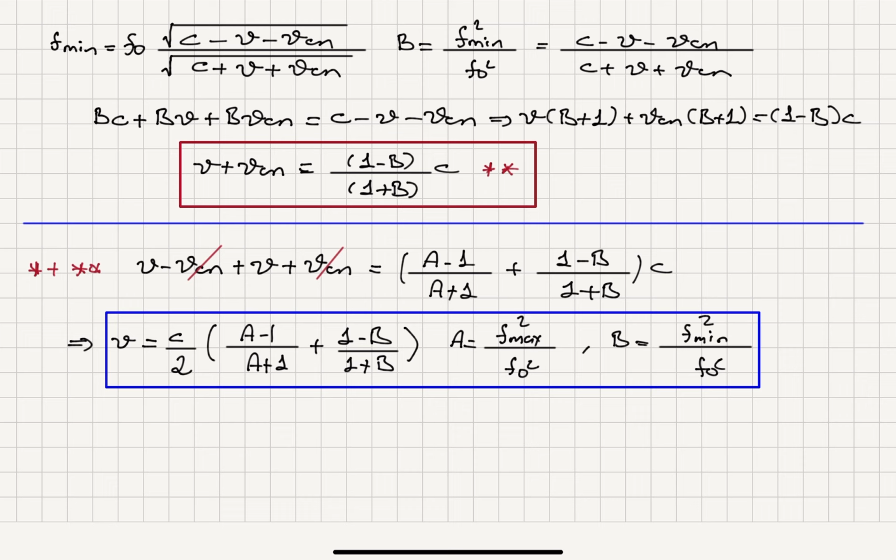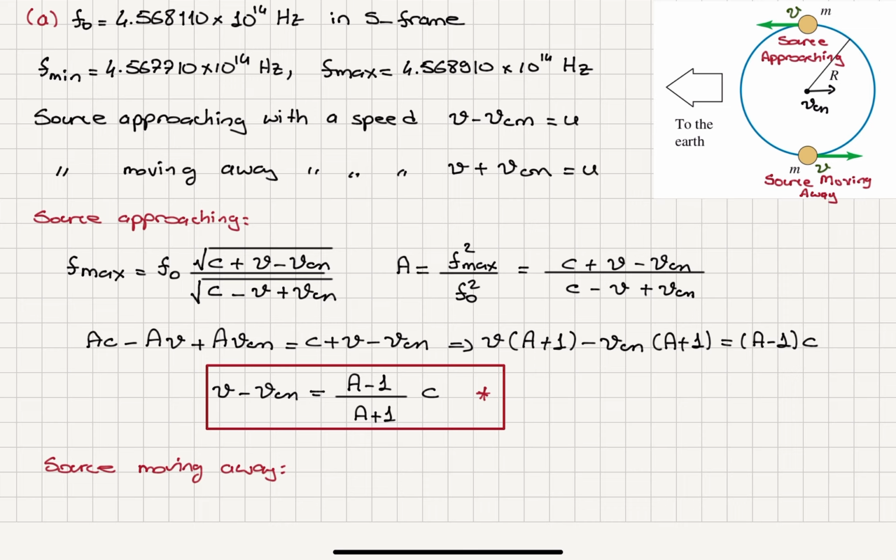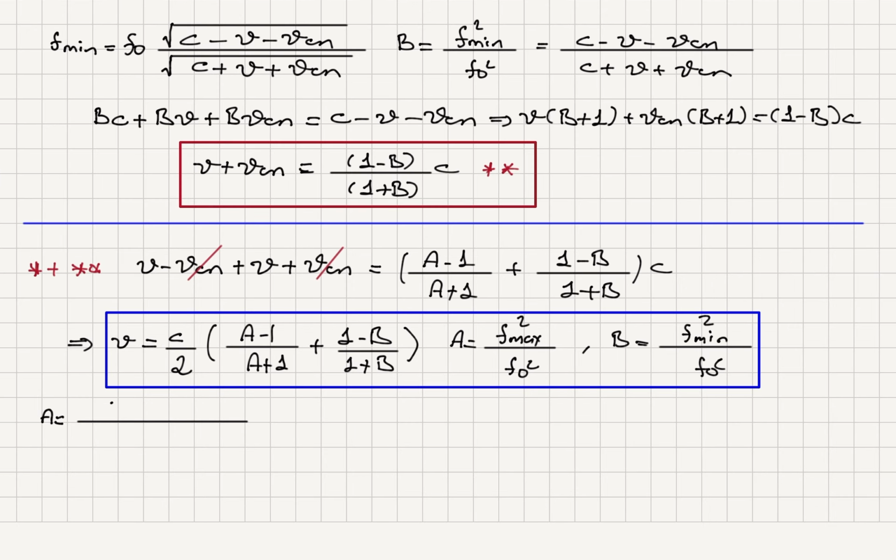Now let's plug in the numbers. We have for A, maximum frequency 4.56810.